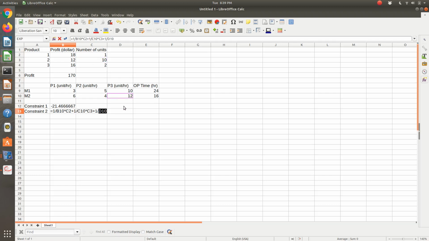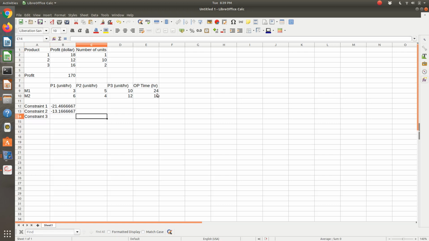Then the rate for product 3 on machine 2 times the number of units of product 3, and then I subtract 16. And up here, instead of subtracting 24, I'm just going to refer to that cell. Okay, cool.